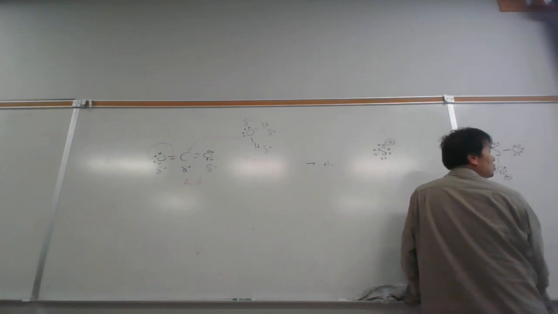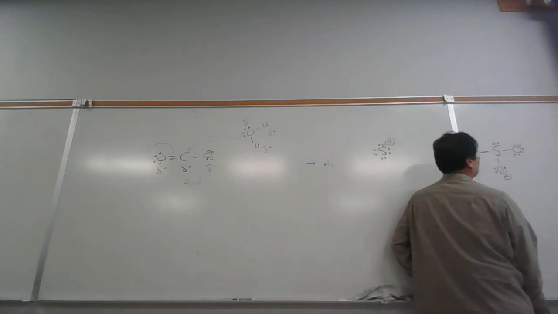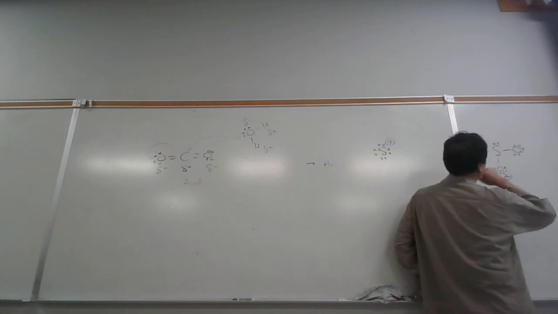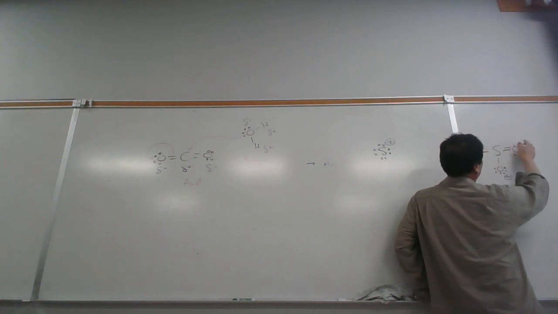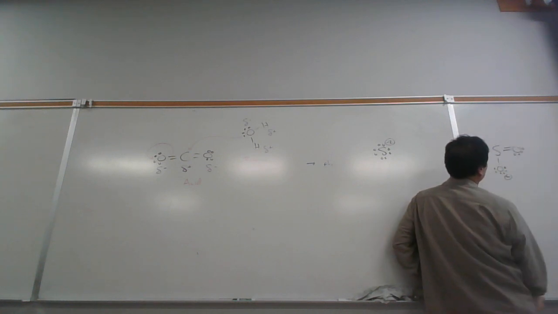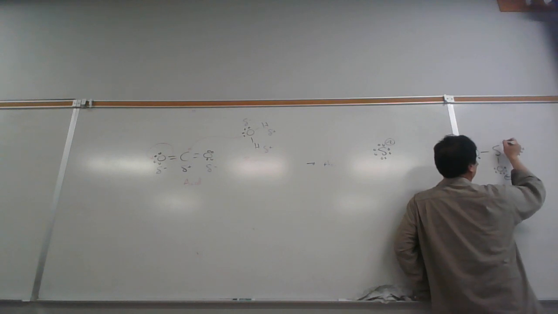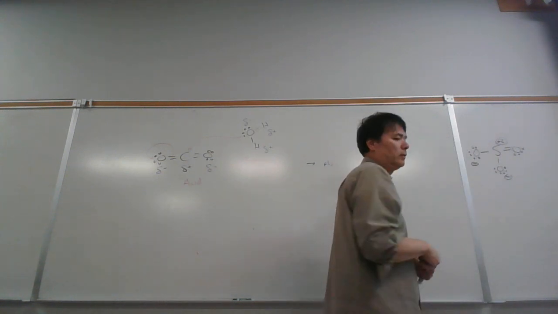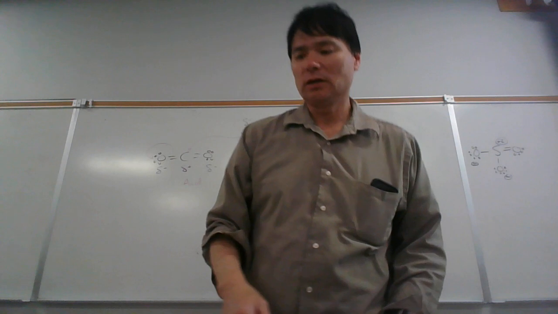Sulfur trioxide is neutral, so I'm going to try to draw this so it comes out neutral. How did I draw it? The top one and the double one. Yeah, I think I did that. 1, 2, 3, 4, plus 2. That was it. When we do this, we don't do the hybrid, we just pick one structure.